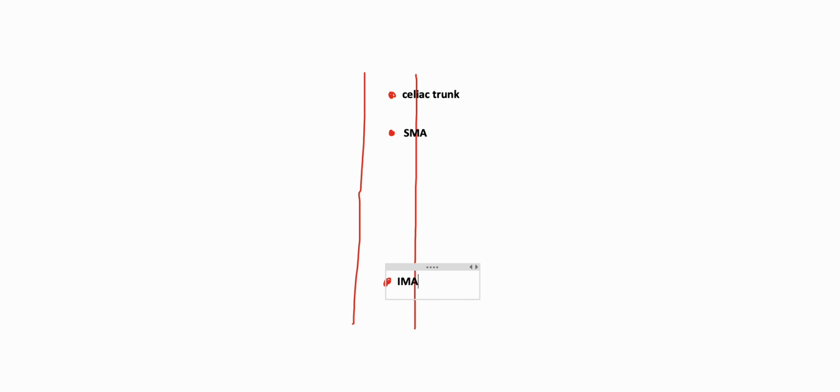Okay. Let's begin by drawing the branches of the celiac trunk. We will often describe these as a tripod or a Mercedes sign. So I'm going to do this. And keep in mind that the actual celiac trunk is not visible from this eagle eyes view.